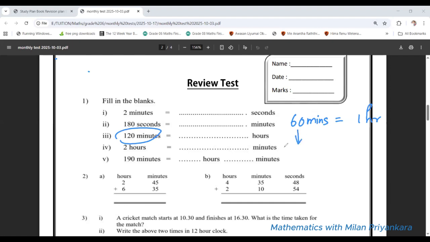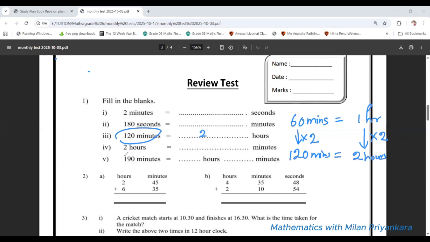So how did it become 120 minutes? It has to be multiplied by 2. You understand this, right? 60 becomes 120. How? It is multiplied by 2. Therefore, this also has to multiply by 2. So it should be 2 hours, right? So here the answer is 2.